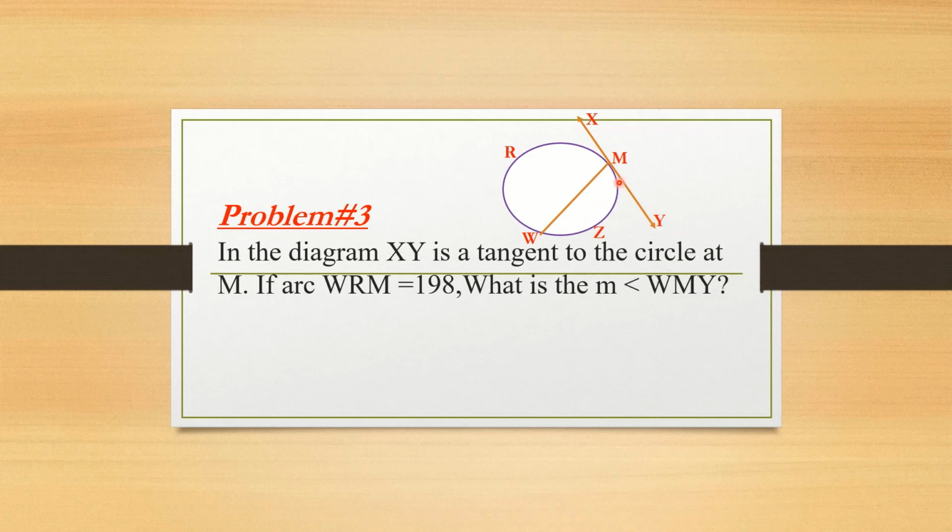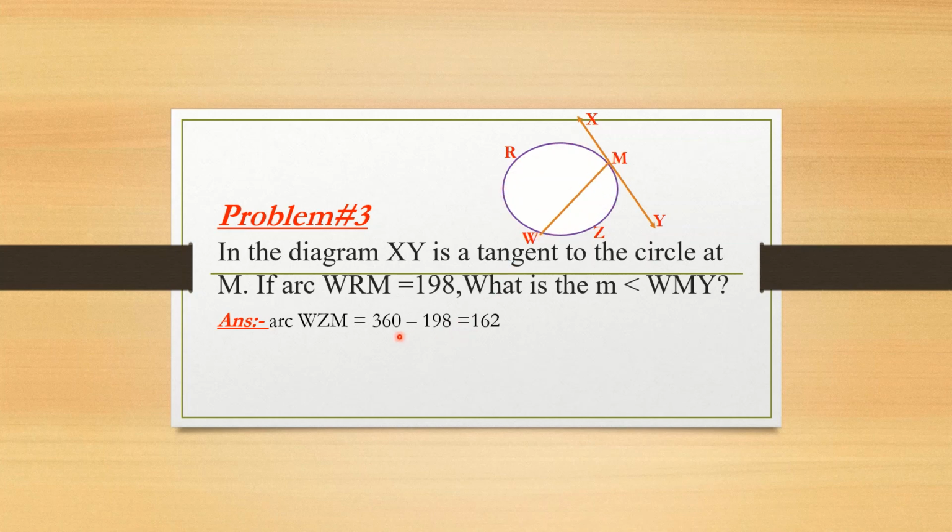First, we need to know the measure of arc WZM, as angle WMY is half of its intercepted arc. Arc WZM equals 360 minus 198, because the complete circle is 360.